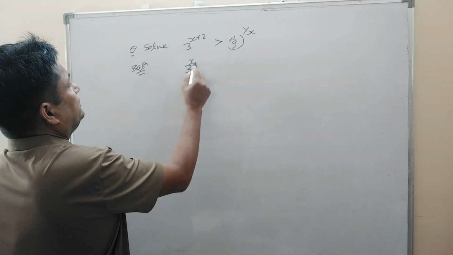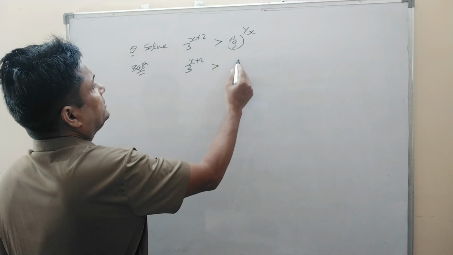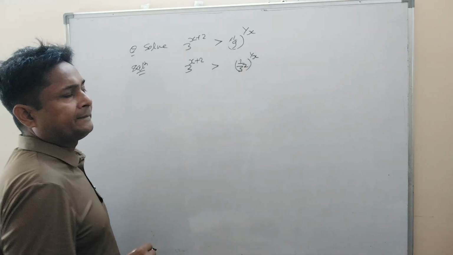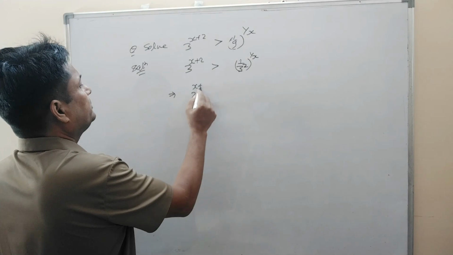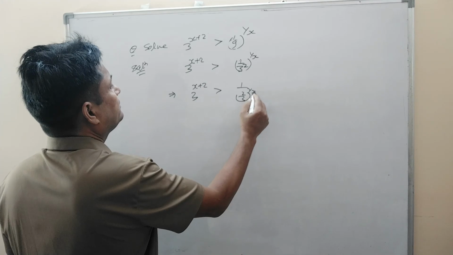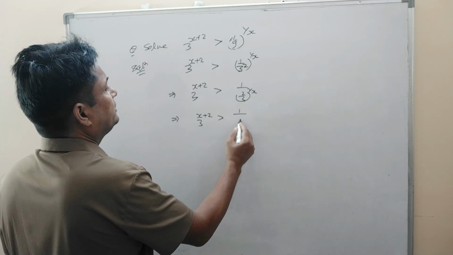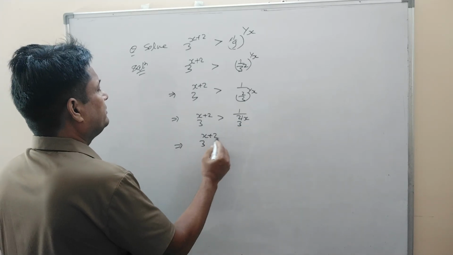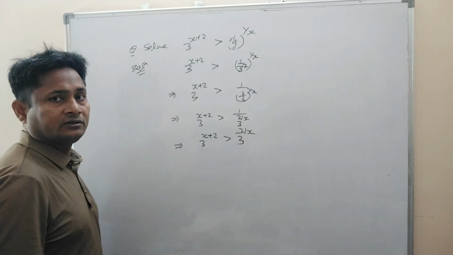You can write 1 by 9 as 1 by 3 square, so it is 1 by 3 square to the power 1 by x. That means 3 to the power x plus 2 is greater than 1 by 3 to the power 2 by x, which is 3 to the power minus 2 by x.